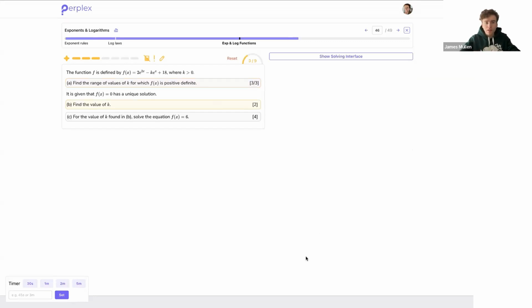Part B. Now we're given that the function has a unique solution, so it's a slightly different case. We know that now delta is equal to 0. And if I just remind us that f of x was equal to 2u squared minus ku plus 18, where u is equal to e to the x, then delta is equal to 0 means that k squared minus 4 times 2 times 18 is equal to 0.